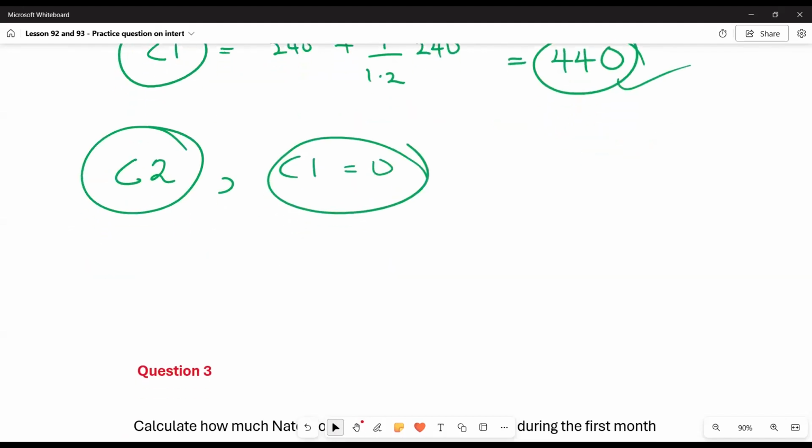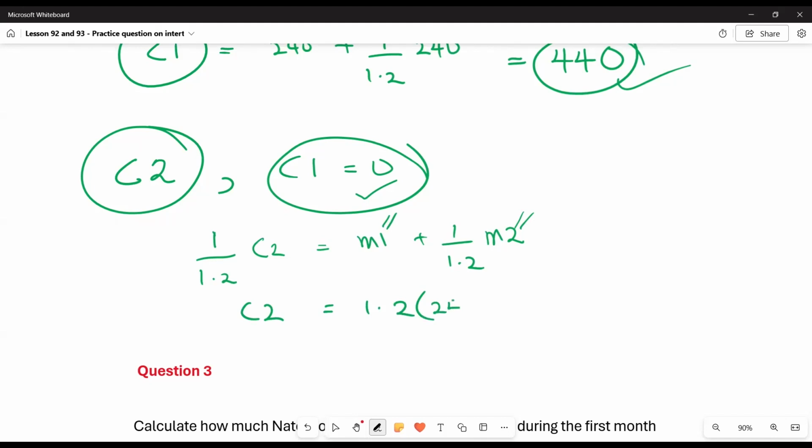So going back to our budget constraint, if we have C1 being equal to 0, our intertemporal budget constraint therefore reduces to 1 divided by 1.2 multiplied by C2 equals M1 plus 1 over 1.2 multiplied by M2, where this is 240, this is 240. So we have C2 being equal to 1.2 multiplied by 240 plus 240.